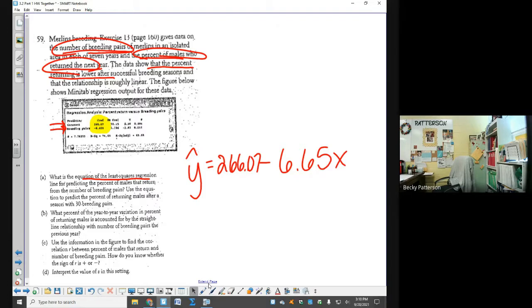Okay, moving on. B, what percent of the year-to-year variation in percent of returning males is accounted for by the straight line relationship with the number of breeding pairs in the previous year? What does that sentence sound like? What percent of the R squared? What's it called?